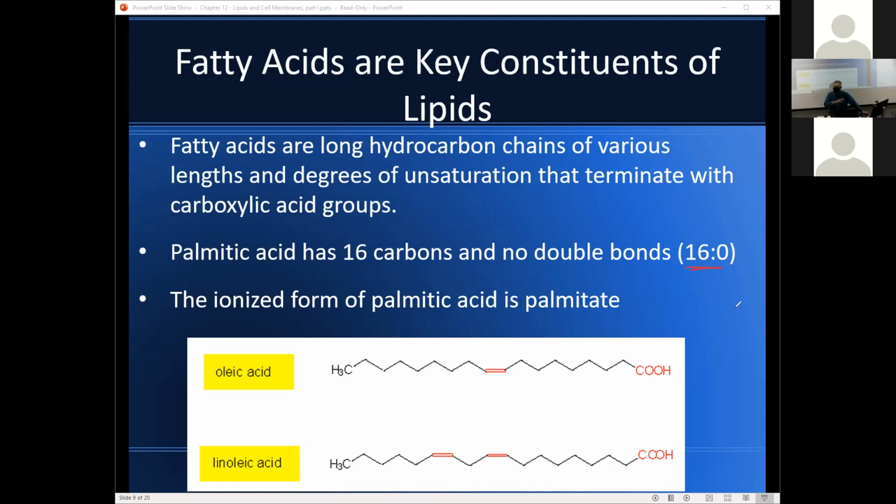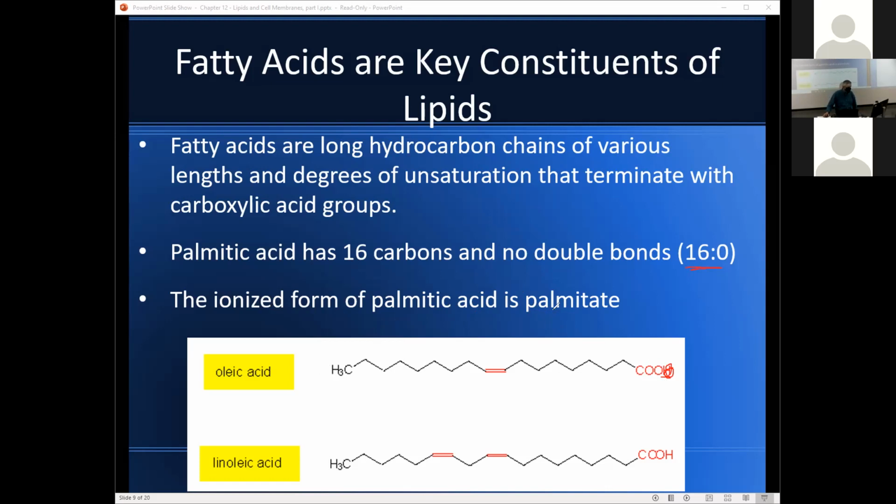We use the same sort of language when we talk about fatty acids as well. So palmitic acid would be the protonated form. When the carboxyl group loses its hydrogen and we get a negative charge, then it's palmitate rather than palmitic acid.